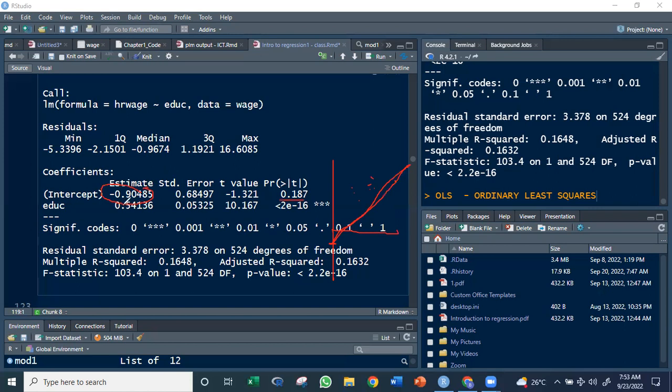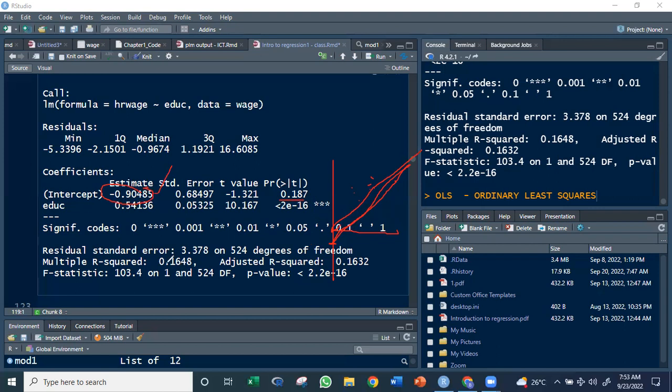Because if we zero this out, meaning the intercept is 0, therefore the model is passing through the origin. Okay, and there are reasons why we don't want that. So even if the p-value of the intercept is greater than 0.05, nevertheless, we still include that. Okay, so this was our first model.